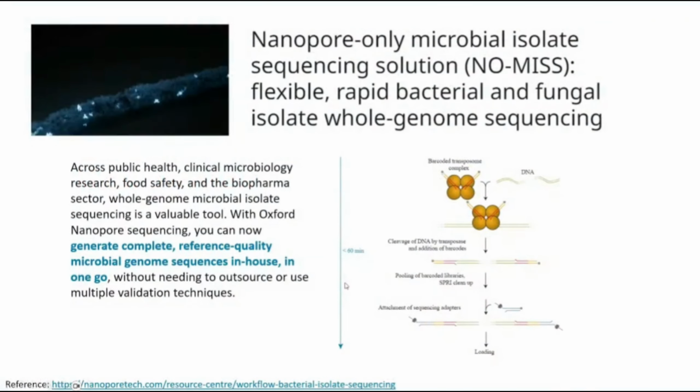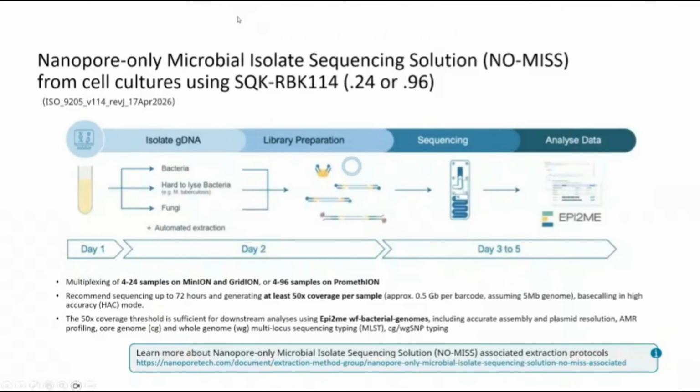This is one of the recommended ways to handle microbial whole genome sequencing. ONT has provided guidelines on how to run the whole experiment end to end, starting from how to prepare the samples all the way to performing the sequencing and getting the assembled genomes from the analysis. These are the steps involved.